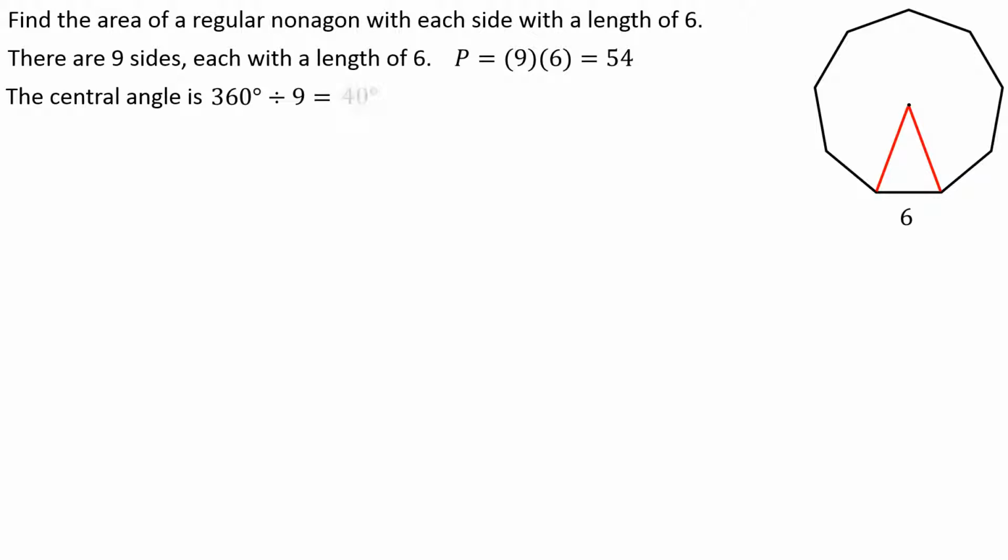Well, let's look at that central angle. 360 degrees would be all the way around a circle. Divide that by 9 because that nonagon has 9 sides. 360 divided by 9 gets 40. So 360 degrees divided by 9 is 40 degrees.